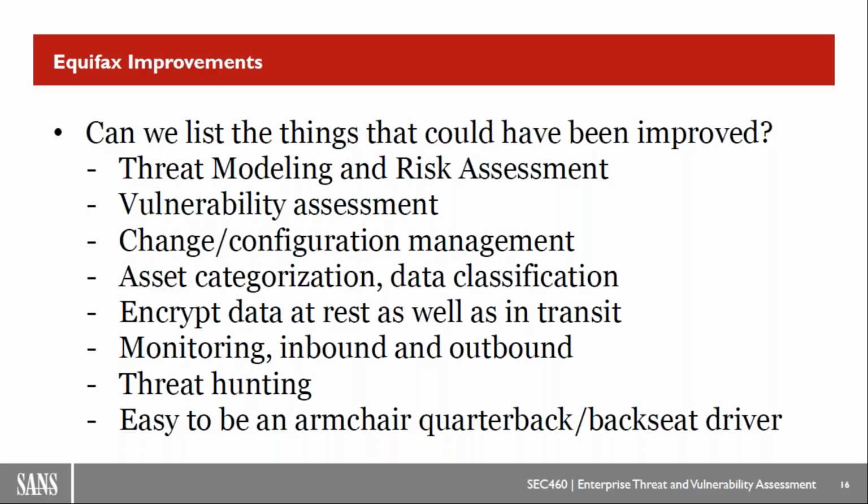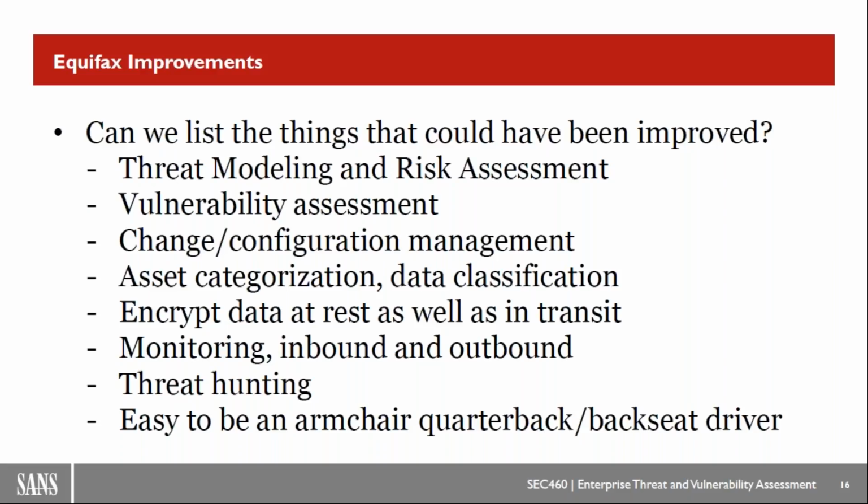So they may classify our data as not being super important, although under GDPR and other PII, personally identifiable information, and other privacy regulations, that's probably not true. But internet-facing application that may have access to fairly important data, you would say that asset would be categorized as being fairly critical in most organizations.